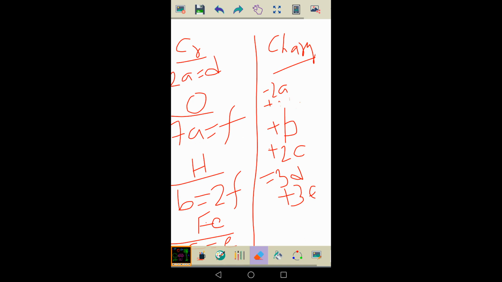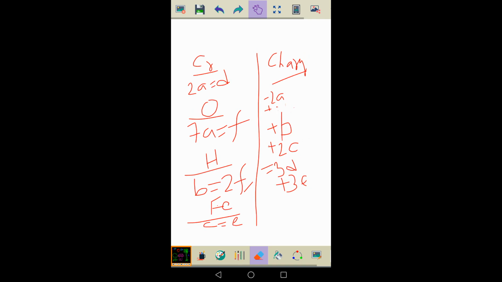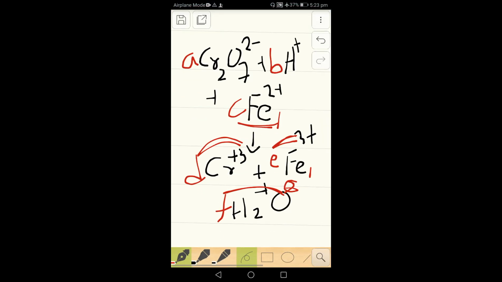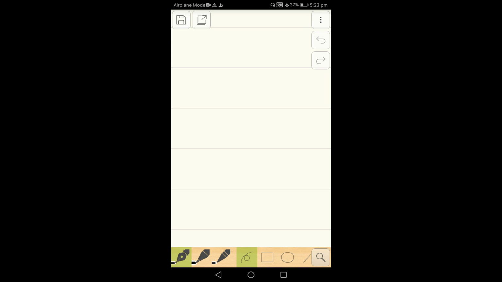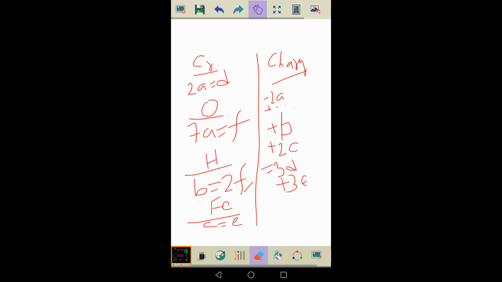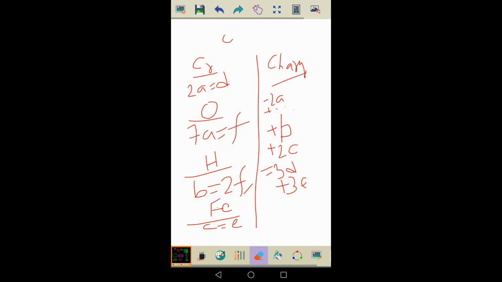Now we are going to solve all of this together. So 2A equals D, 7A equals F. So what if I take A equal to 1?